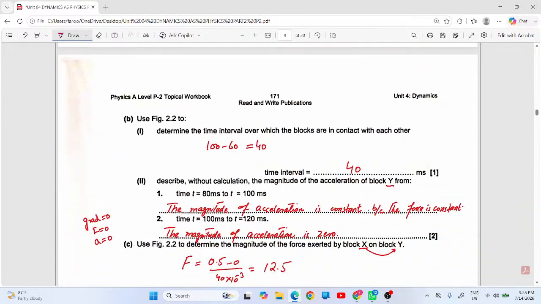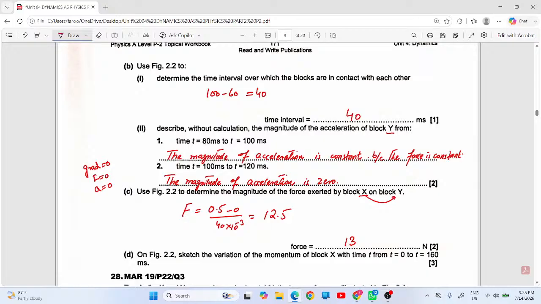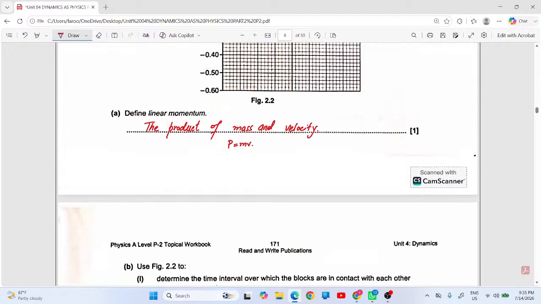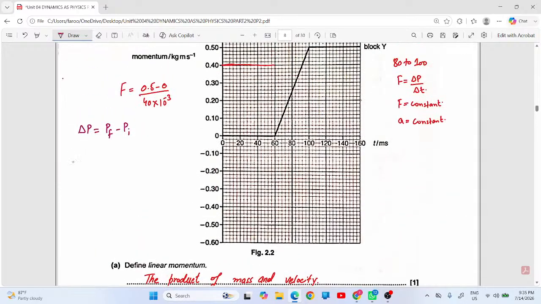The change in momentum of Y is 0.5, so what will it be for X? Minus 0.5, in the opposite direction.